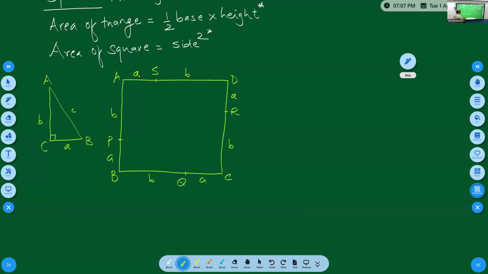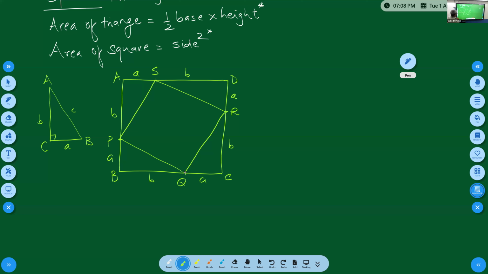We can construct a square looking like this. Then we join PQ, QR, RS, and SP. Okay, this is the configuration.